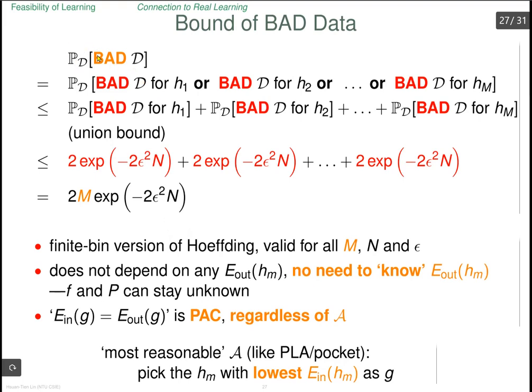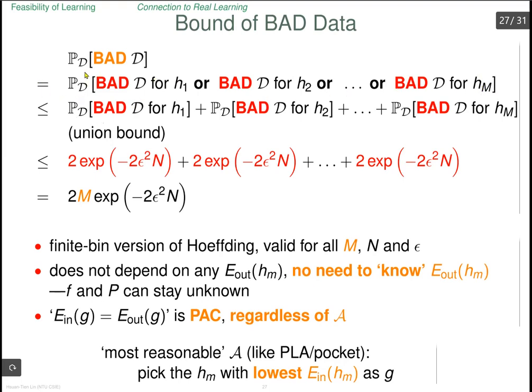The probability of a bad event is equal to the probability of a bad event for H1, or a bad event for H2, or up to a bad event for HM.